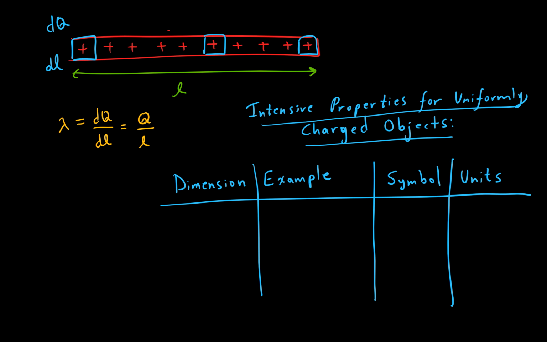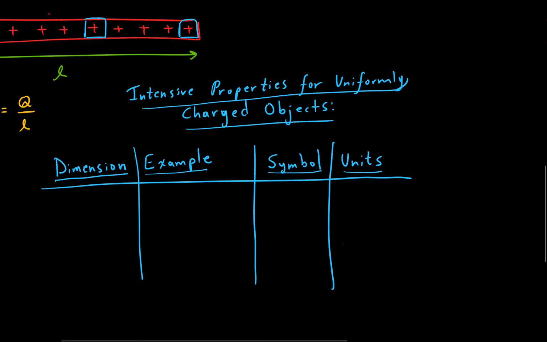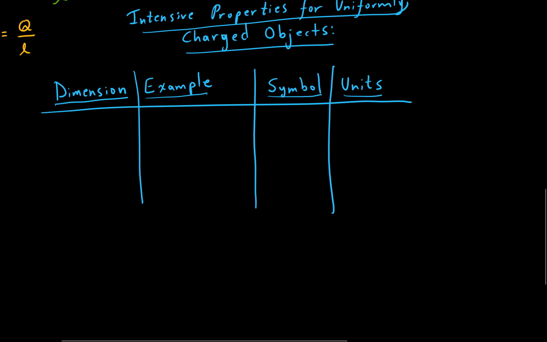We'll try to make this generalization by first looking at the dimensions in which our objects exist, giving a quick simple example, describing it by some symbol, and looking at what its units are. So let's go ahead and start filling this table in.